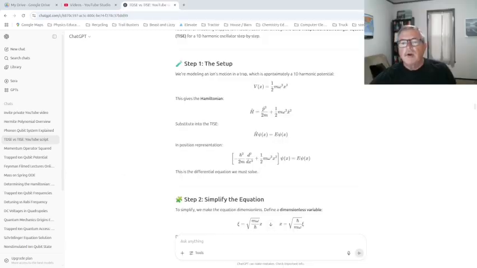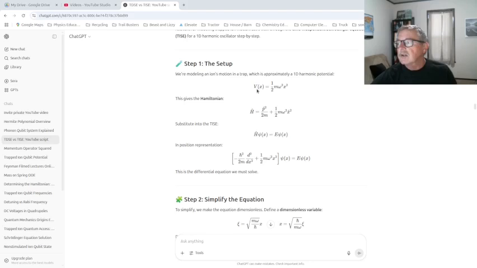From the harmonic oscillator video, we should know that the potential energy is this value. The potential energy is related to x, so it changes as x gets farther away or closer. Farther away, the potential energy gets greater. This has to do with the frequency that it's oscillating, and this is the mass of the ion.